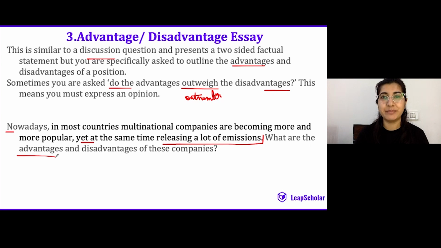Let me give you an example. So for example, a lot of these multinational companies are now recycling their products or are aiming at reducing their water intake. So think about the advantages which they pose in terms of the environment. Or for example, you could say if they are including any environmentally beneficial practices.